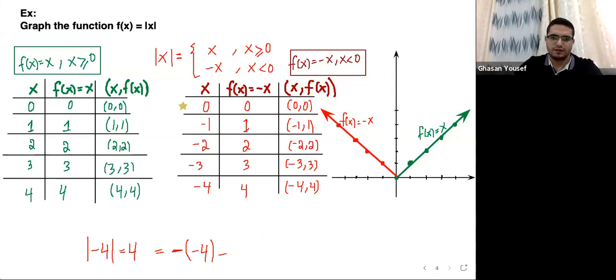Now we're going over the vertical line test, to check whether a curve represents a function.